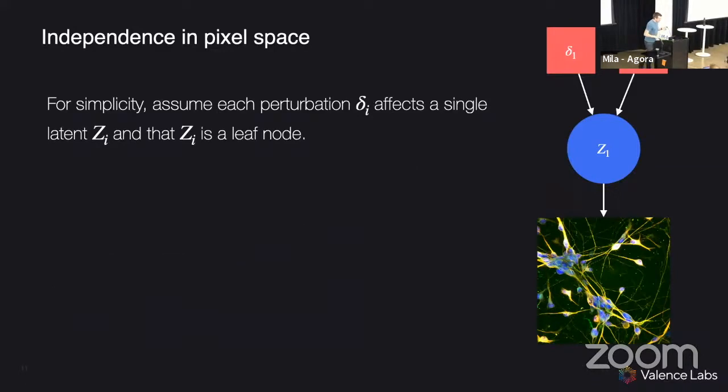So for simplicity, let's assume that each perturbation only affects a single latent variable. It's going to make it easier to explain. And furthermore, that this latent variable Zi is a leaf node, right? So if we were describing the causal relationships between these nodes, we're going to assume that we're working with just one of the leaves.